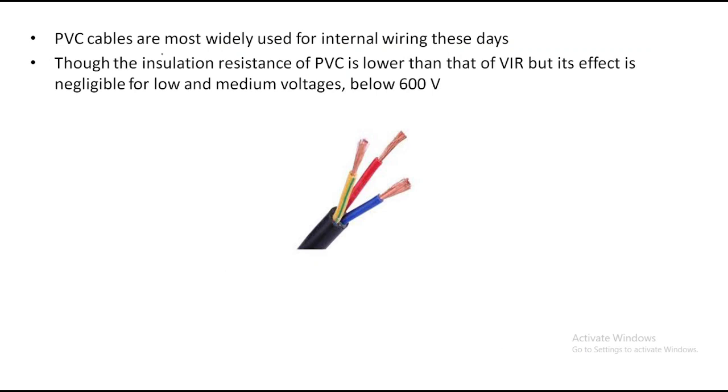These PVC cables are the most widely used in internal wiring these days. It's a very important point. In the internal wiring of our homes, all are PVC cables only, in our domestic purpose.